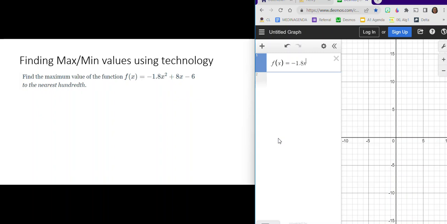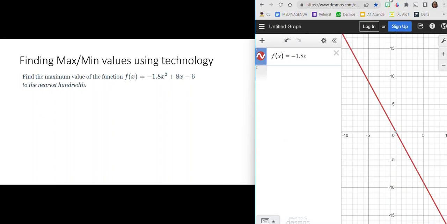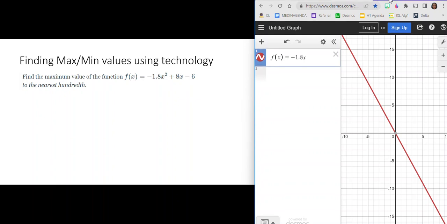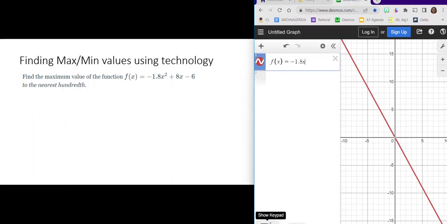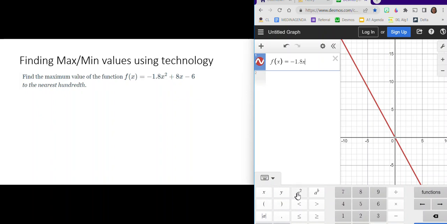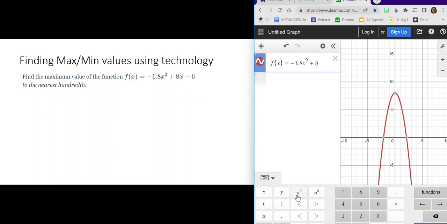All right, or I can erase this. And if you look down here at the bottom, there's a little up arrow. Click on it and this will give you the x squared that you need. Plus 8x minus 6. Okay, so the graph appears.